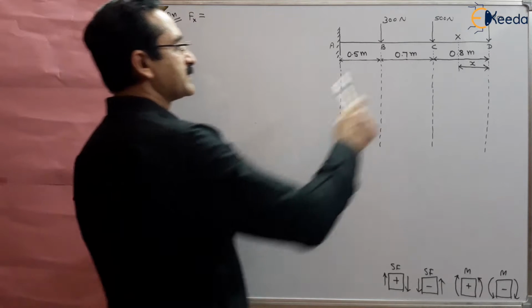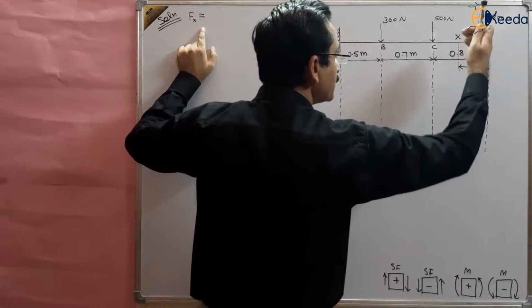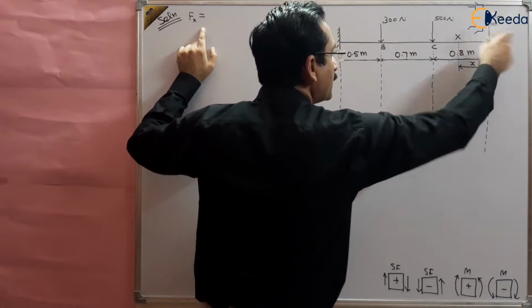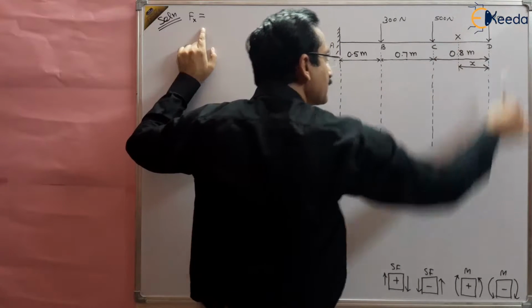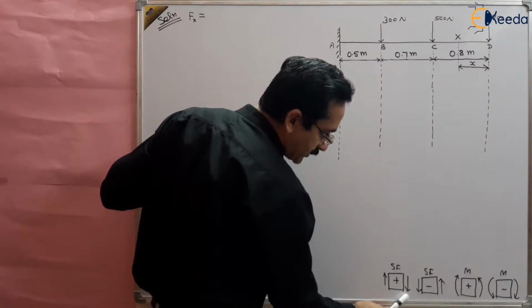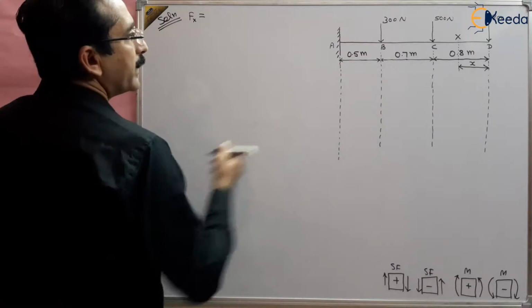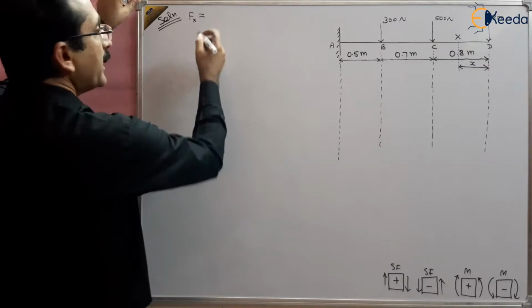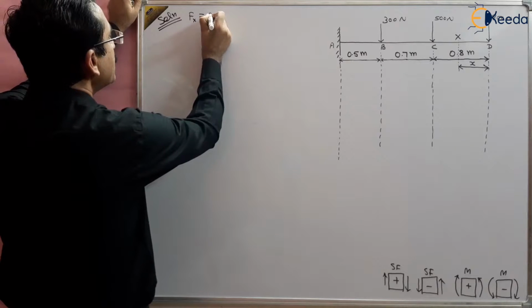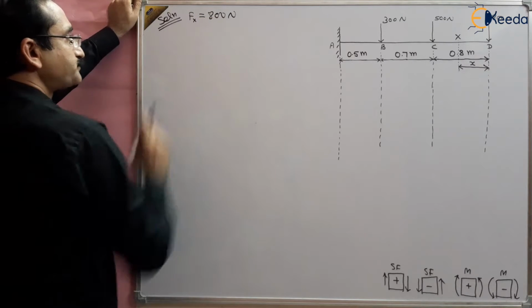So we have taken a section x. What is the force on this section x? It is the sum of all the forces to the right of the section, and the rightward downward direction is positive. You can see here rightward downward direction is positive. So I can take this 800 as positive, and since it is a simple 800, it remains constant.